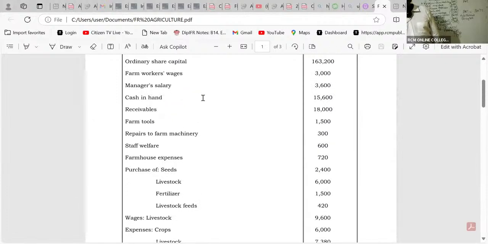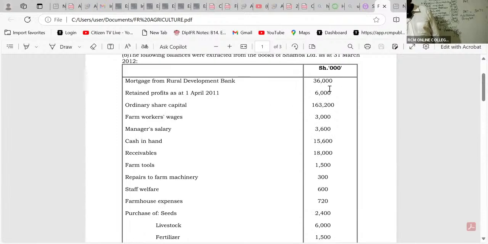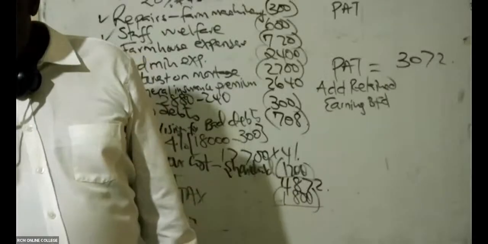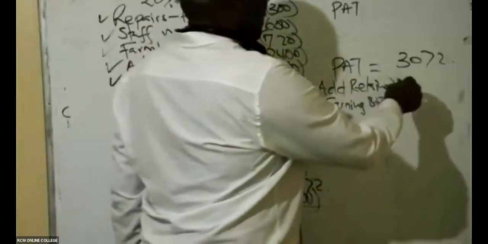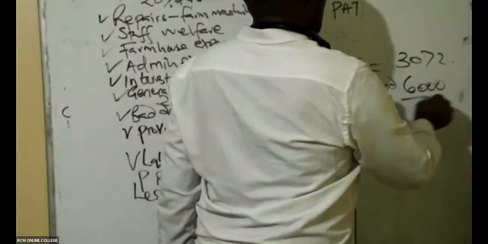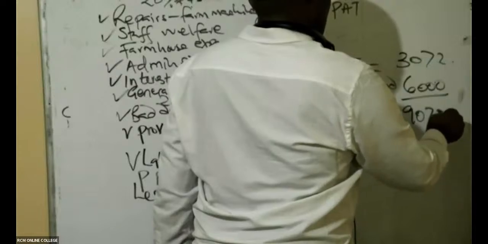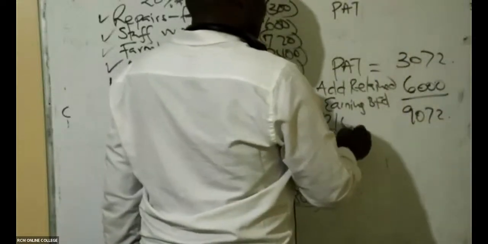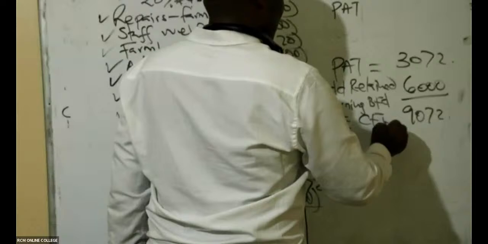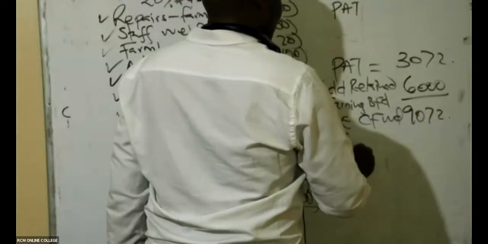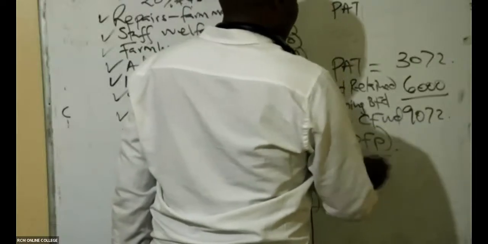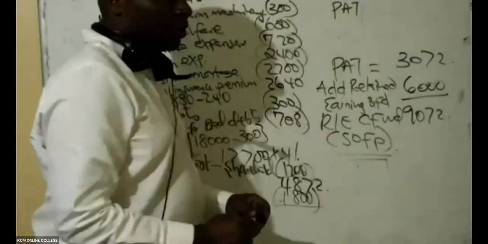You can see these retained profits brought forward of 6,000. So retained earnings brought forward 6,000. So in this case we have 9072 as the retained earnings carried forward to our balance sheet, which is a statement of financial position.